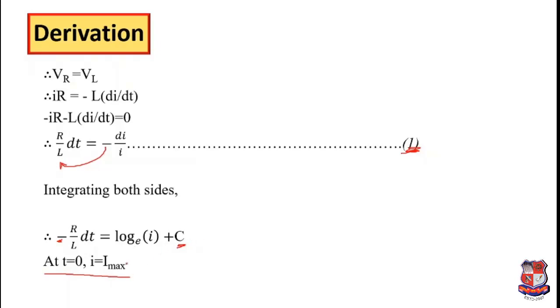Because this is the discharging case, the current will decrease from the maximum value to 0, so the maximum value is at the initial condition. Keeping this value, you get the constant C equal to minus log of I max. Keep the value of C over here.